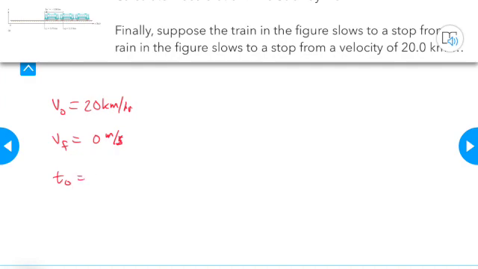And then initial time is 0. Final time, it doesn't say it up top, but it is 10 seconds. And we are looking for average acceleration. Again, this one is moving to the left, so that is a negative 20 kilometers per hour, and it is decelerating, which means we should get a positive acceleration out.